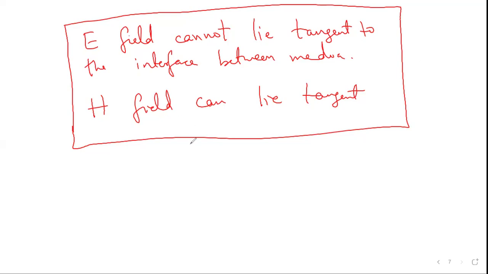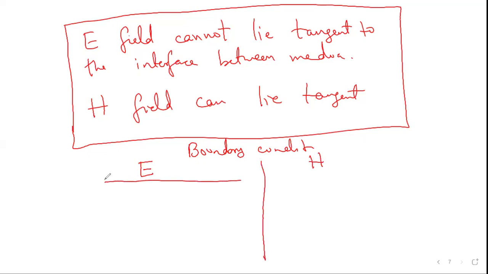So I'll just give you a clarifying distinction, boundary condition. If you are talking of E and H, don't worry about the derivation, understand this. Tangential component is continuous always, be it dielectric or dielectric-metal.